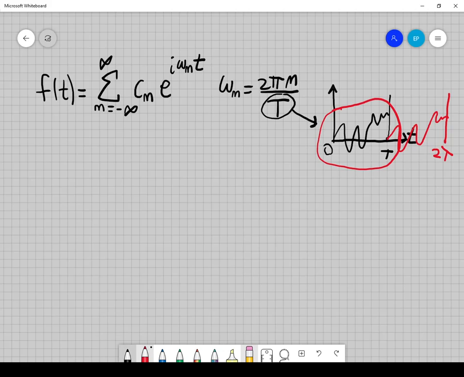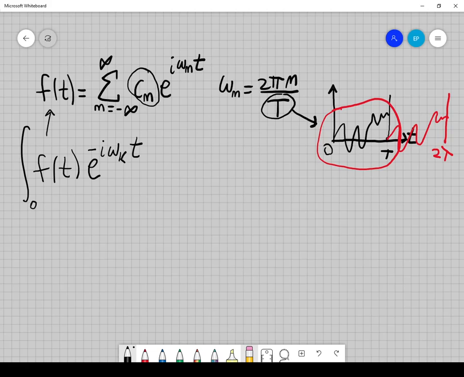We can also work out what the coefficient c sub n must be, because we can multiply f of t by the complex exponential e to the i omega sub k t with a minus sign, and then we integrate it from 0 to capital T. And what we get, we have to multiply each and every term of this sum by this complex exponential.